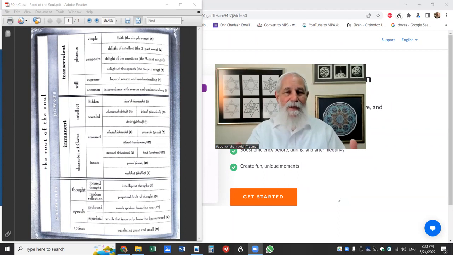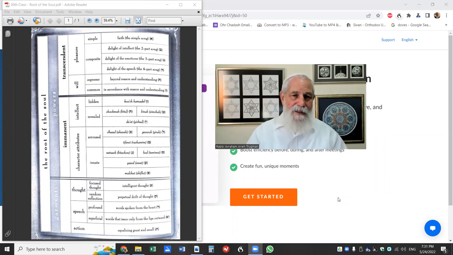Now we see that when we talk about the soul and we talk about the powers of the soul, these are the Sefirot. And when we studied the Sefirot, we did learn it according to how God uses the Sefirot in creation, and how the world, the physical material world, is formed and maintained through the 10 Sefirot, and how the soul corresponds to the Sefirot.